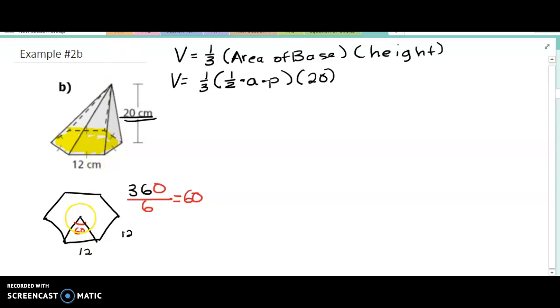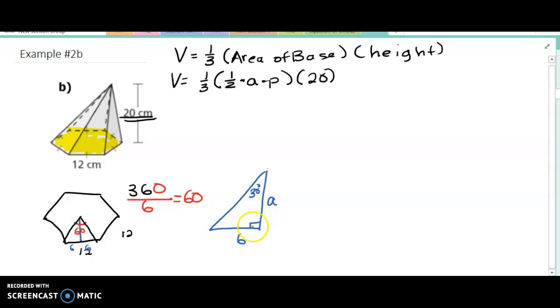Okay, so now I want to cut this in half, and when I do that, I get this triangle here. So my 12 now becomes a 6 and a 6. So here's 6, and this is my apothem that I want, and then I cut the 60 degrees in half, so there's my 30. Okay, so we're left with a 30, 60, 90 triangle.